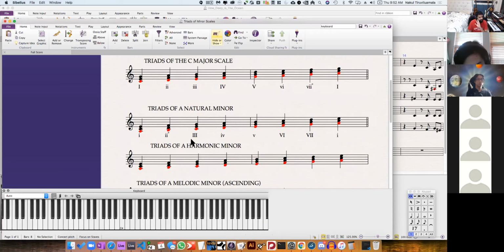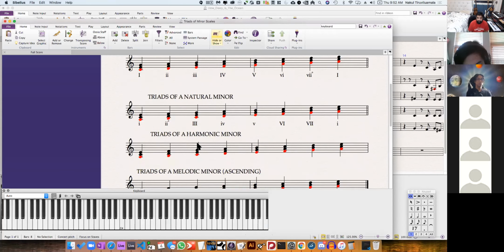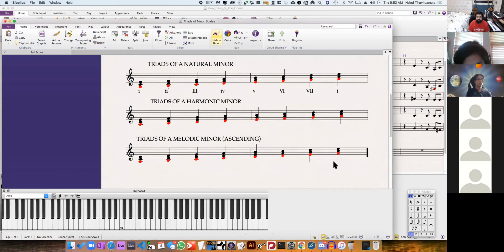I would argue that most music actually uses another one of these two options as the scale that constitutes the basis for the harmonic choices. I wonder which scale that is.